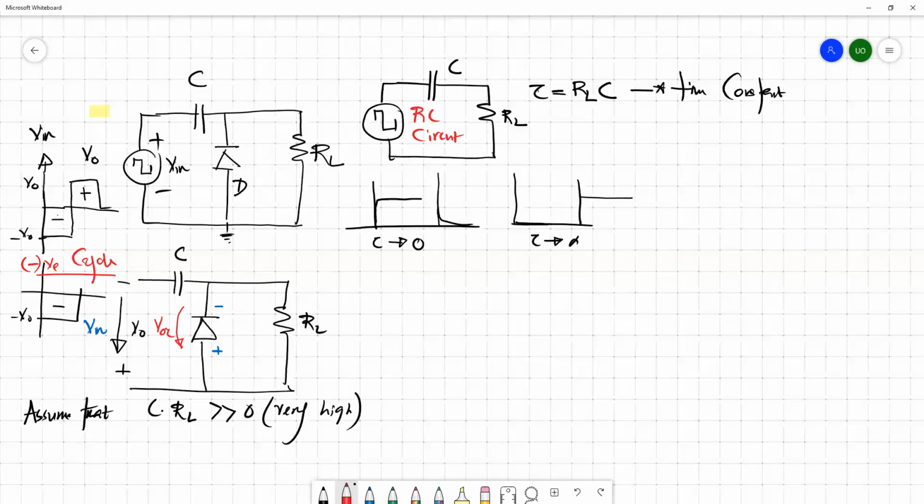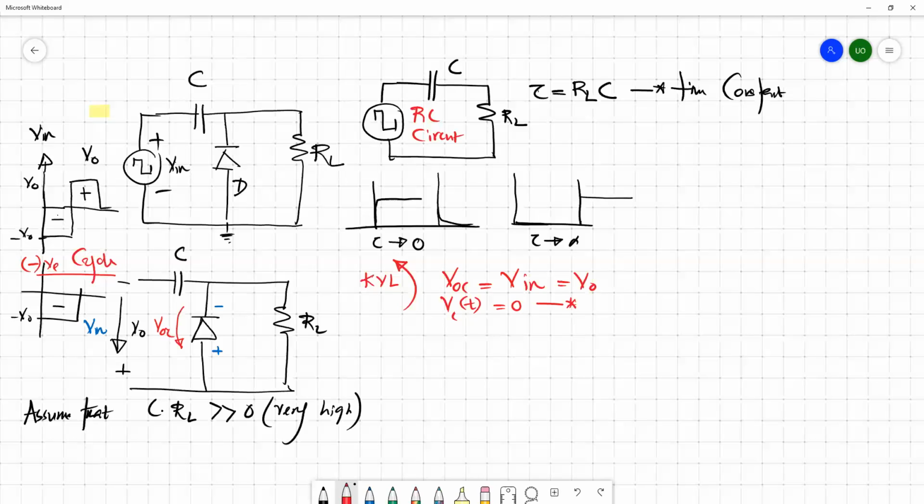Once we apply Kirchhoff voltage law, we can say that initially the open circuit voltage equals Vin, which equals Vout in this case, because VC is 0. So the entire input voltage appears across the diode.